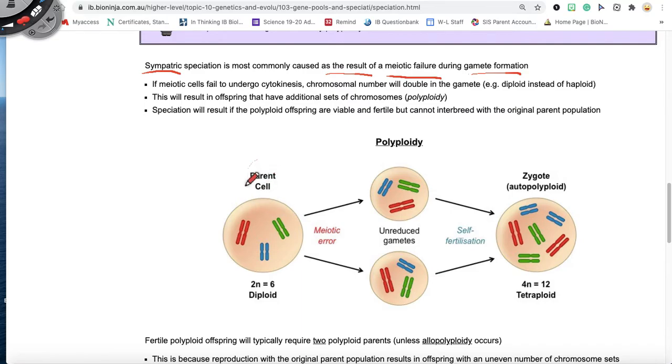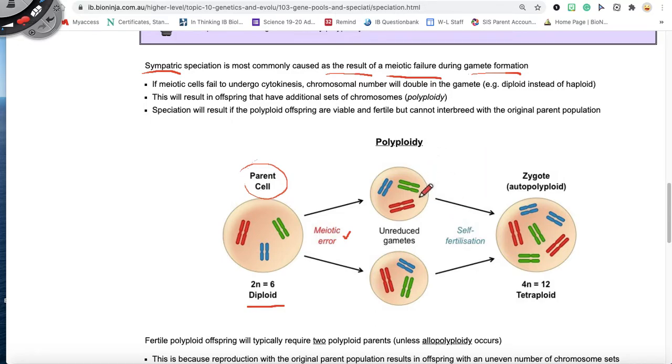That means that this parent cell, when it undergoes cytokinesis in meiosis, is going to fail to properly separate the chromosomes. Let's say that this parent is originally diploid and there's some form of meiotic error.